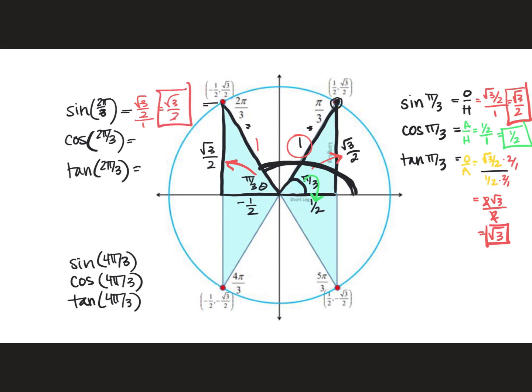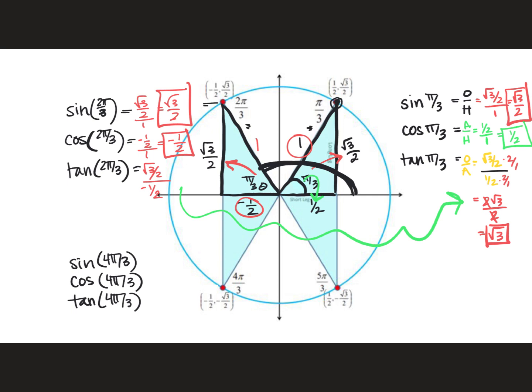Then for cosine, it would be the adjacent over the hypotenuse, which will just be negative 1/2. And then tangent will be radical 3 over 2 over negative 1/2. Here's the thing, you guys, I don't really want to go through that math all over again, all of this work over here.